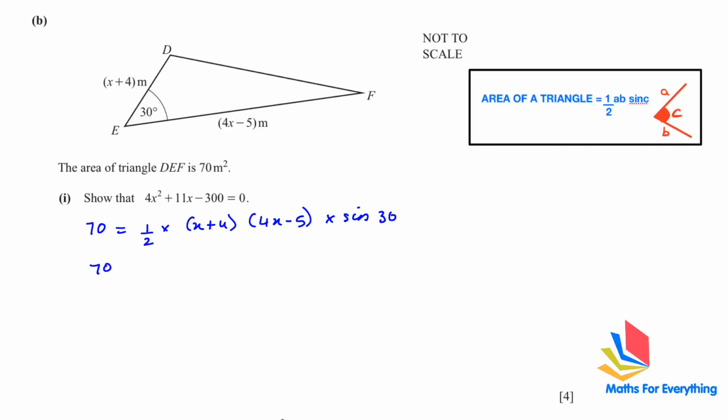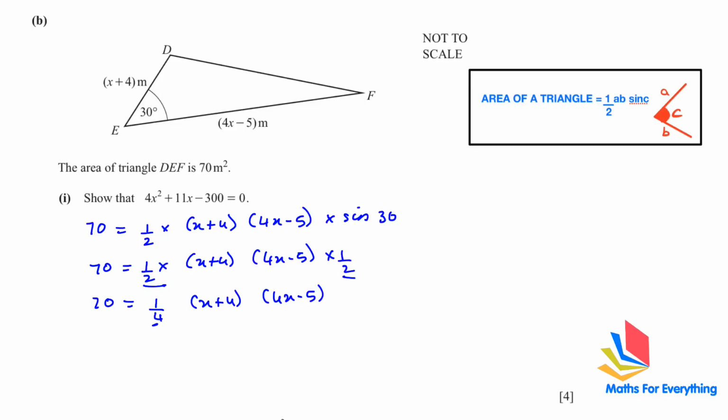The first thing we'll do, we'll not open the brackets at the moment. We always should deal with the numbers first. So sine 30, put in the calculator and see what you get. You will get half. So 70 is equal to half times half is 1 over 4, x plus 4, 4x minus 5.